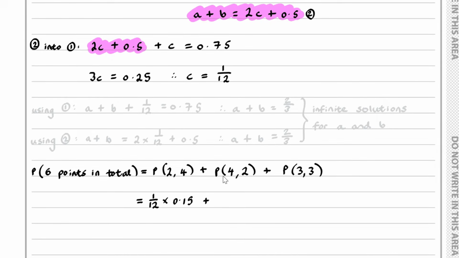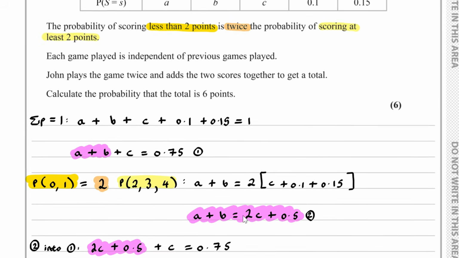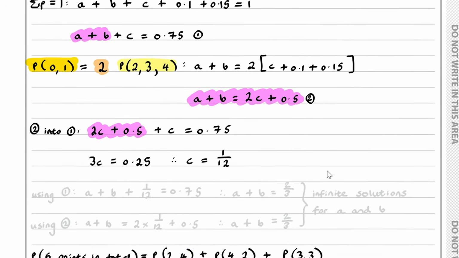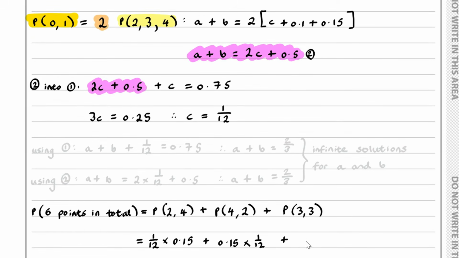Or we can get a 4 and a 2, so here we have the 0.15 multiplied by the 1/12. And the probability of getting a 3 was 0.1, so here we have 0.1 multiplied by 0.1.